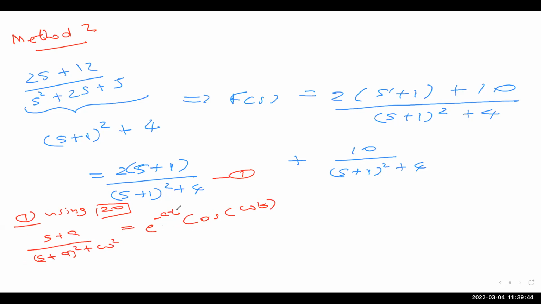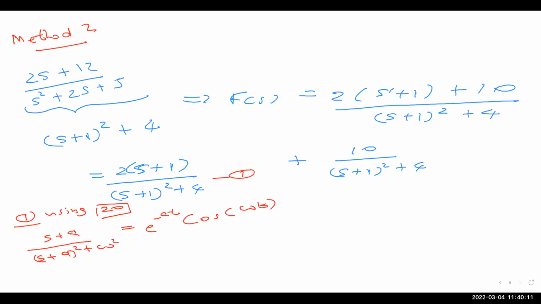So we can get this 2 out, right? This 2 is not a problem because we have the linearity property of Laplace. We can just get this out. So we have the s here, and there's 1 here, and there's 4 here. Will this be a problem? No, right? Because our equation states we can have a here and we can have omega here.